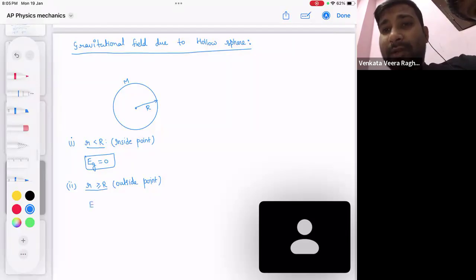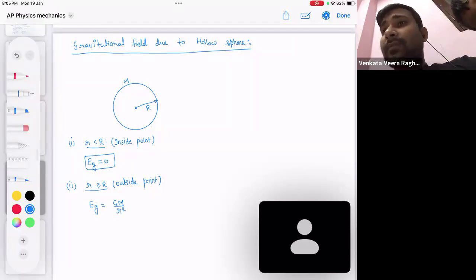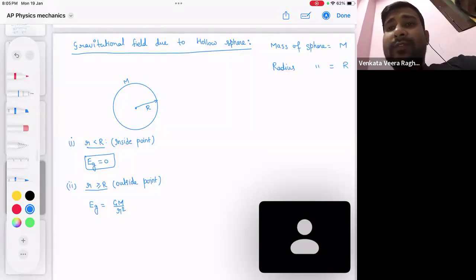So the gravitational field for an outside point will come GM by r square, where M is the mass of the sphere and the radius of the sphere is capital R.